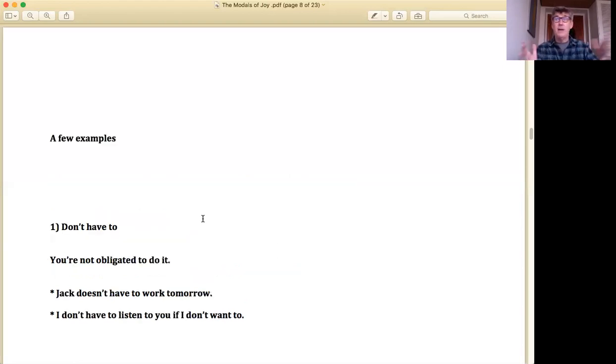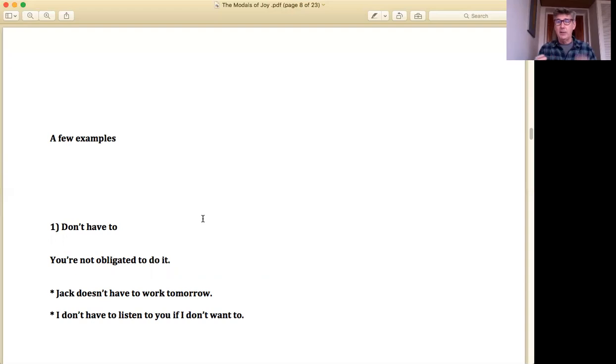And here are some examples of modal verbs, and I'm going to start with don't have to. A lot of times we don't think of this as a modal verb, but it is, because when we say you don't have to do something, you don't have to go to the lecture, you don't have to buy Bojanka a gift for her birthday, it means that you're not obligated to do it.